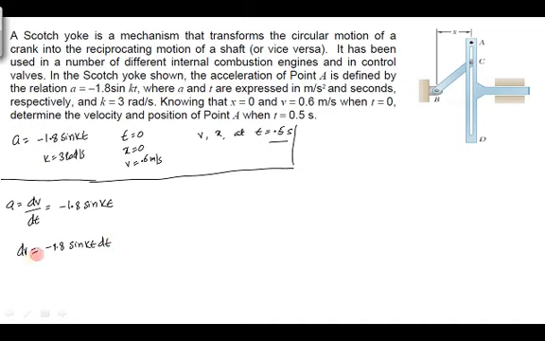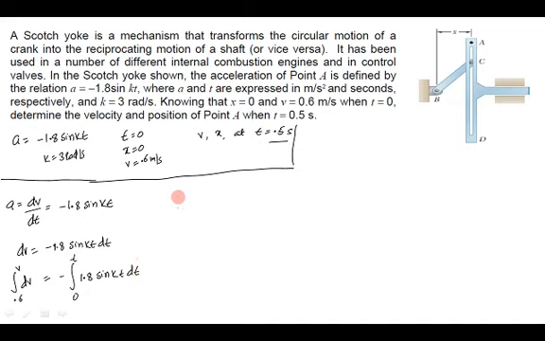So integrating velocity v from 0.6 to some value v, and the limits for time t from 0 to some value t, we have the integral from 0.6 to v of dv equals minus the integral from 0 to t of 1.8 sin kt dt.